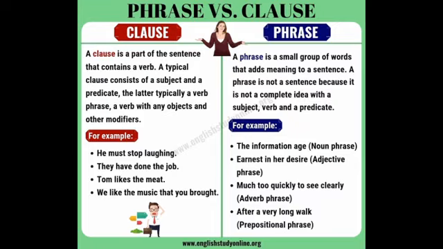For example, in the park. If I say in the park, see here, in the park is a small group of words. If I write in the park, we will feel that it is not complete in sense.